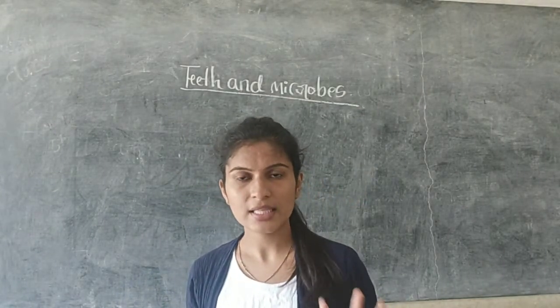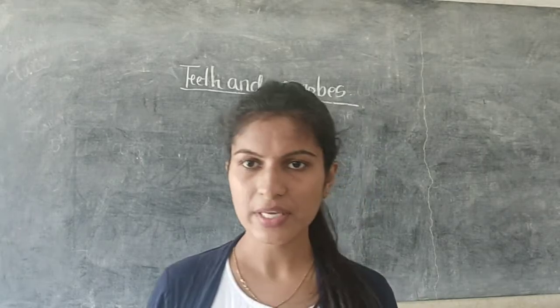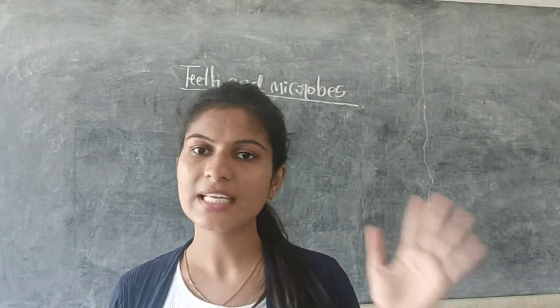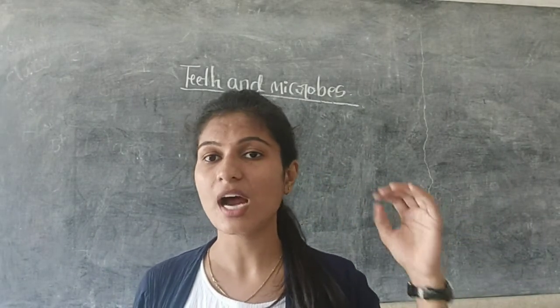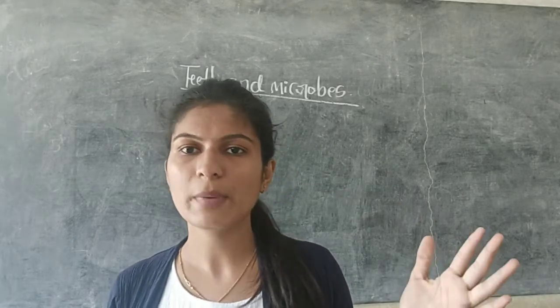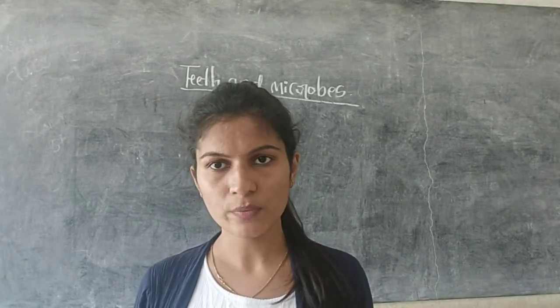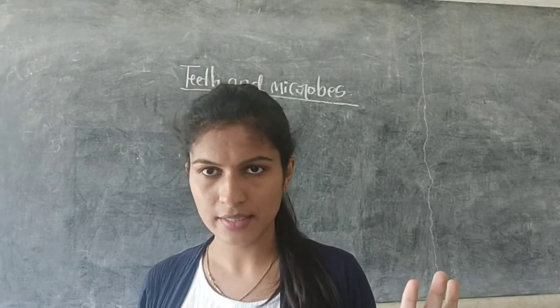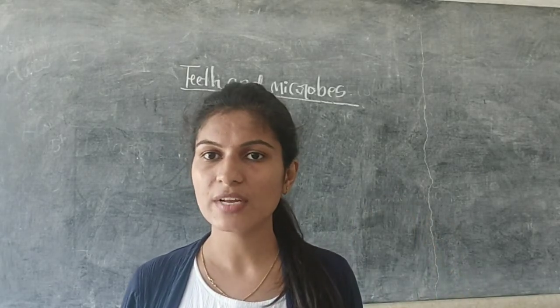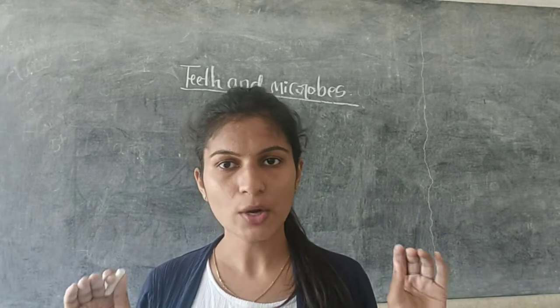At the age of 4 to 5 years, those milk teeth start falling out, and in their places new teeth grow. Those are called permanent teeth, and they will not fall out on their own.